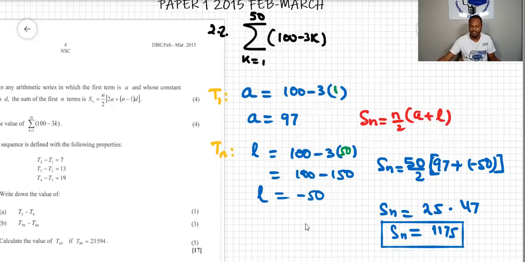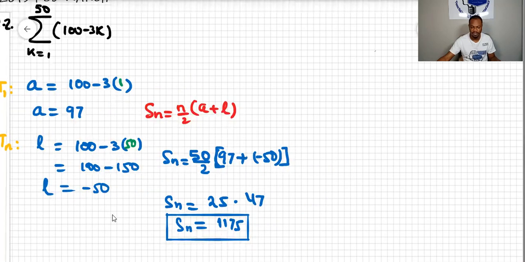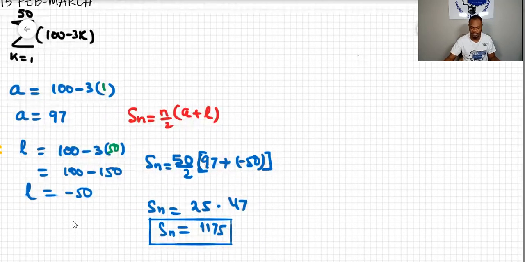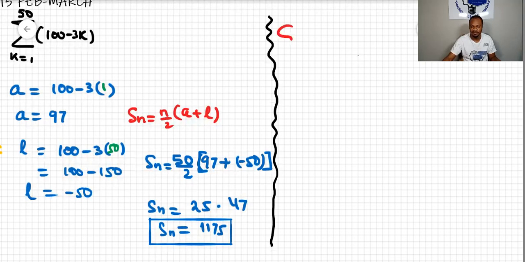Yes, we can also solve the same problem using the other formula for Sn. We also know that Sn is given by n over 2, open square bracket, 2a plus n minus 1 times d. This formula is used in all cases, but the other formula is used only when the first and the last terms are given.